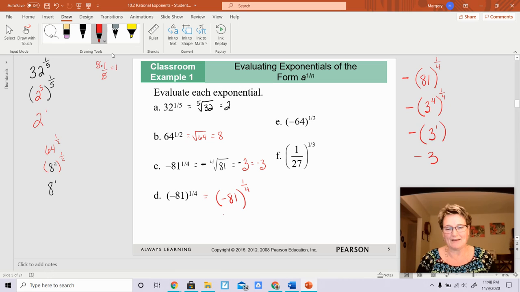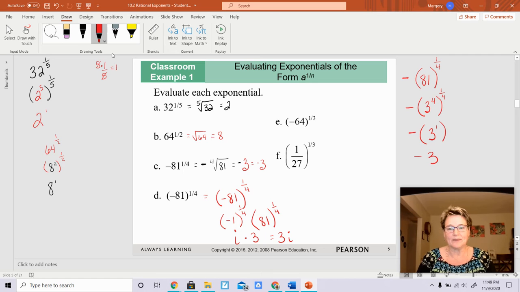You're basically having -1 to the 1/4, and then 81 to the 1/4. So you could break it up as a product of powers. From prior learning, this is just i, after you do a whole bunch of math. And then this one here is 3. So your answer would be 3i.